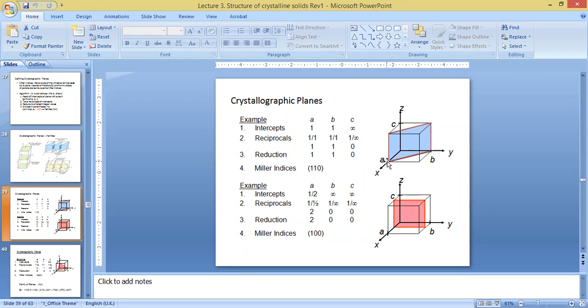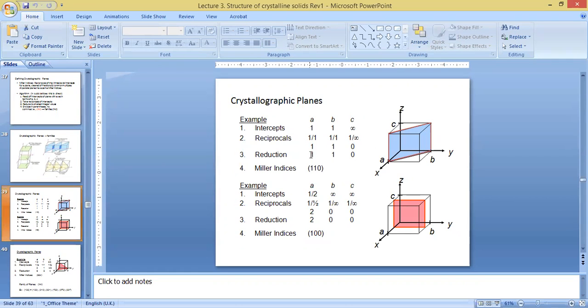So in the case of X, we have 1. So 1 unit, mark it there. Y, 1 unit also. So from 0, you go 1 unit in the Y direction. It's a positive 1, so you come there, mark it. 0 means that this plane is parallel to the Z direction. That's what the 0 means.